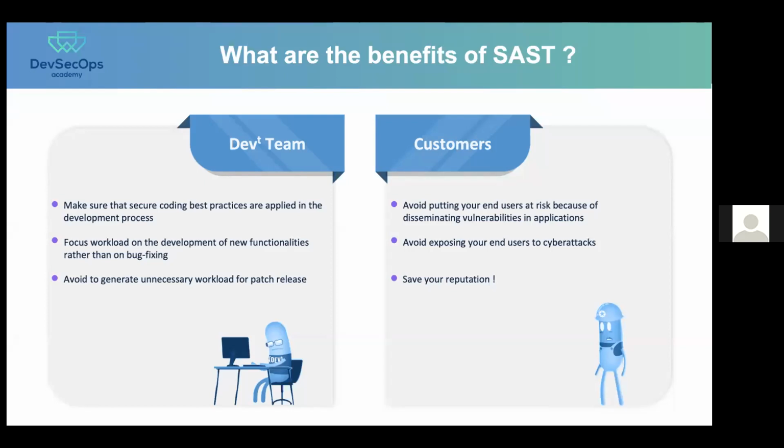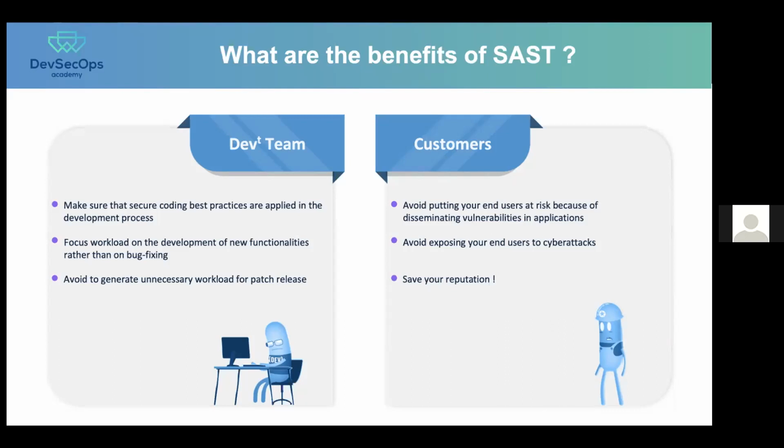You will also be able to focus your efforts and workload on developing new functionalities rather than bug fixing, because the sooner you find vulnerabilities, the better you will fix them, and the cheaper it will be in time and expenses. Then your development team can focus on developing new functionalities rather than building security patches.